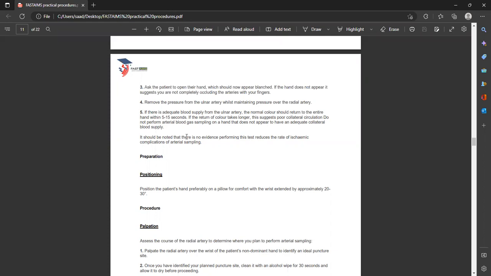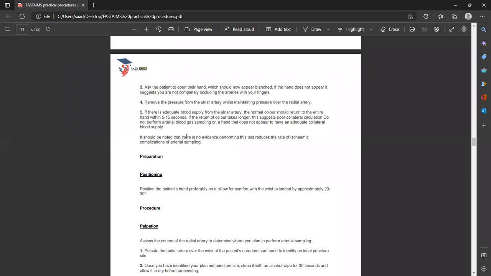I need to insert a needle to take blood samples and to check gases in your blood that would help in the treatment. So can I proceed? Take consent from the patient, and then ask procedure questions like arm preference, bleeding disorders, any allergies, or taking any kind of medicines, these 4 or 5 questions to rule out any contraindications.